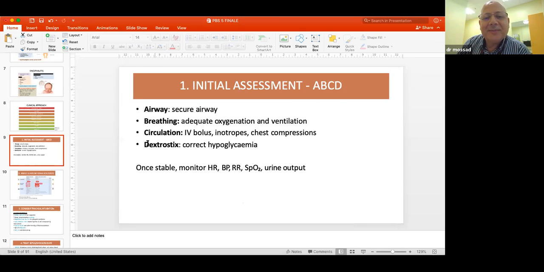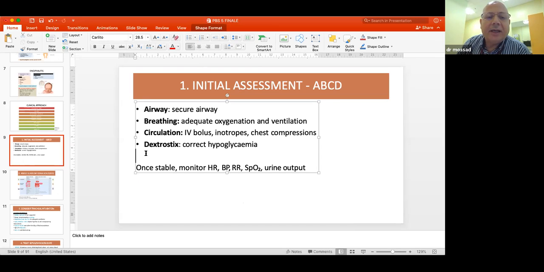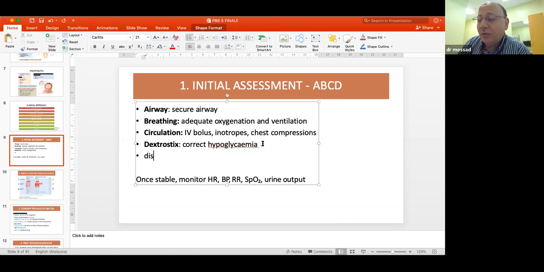I mean the dextrose is number one. Number two is the disclosure, which will tell us if there is any skin manifestation, for example a purpuric rash due to meningococcal meningitis, which is very important.